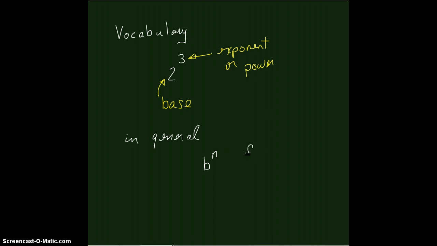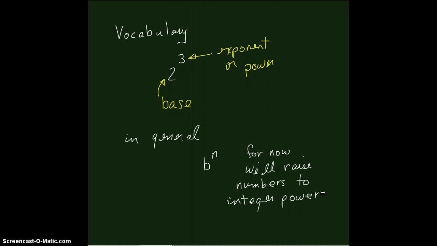For now in this course, we'll raise numbers to integer powers. What's an integer? In fact, we're not even going to take any integer, we're going to say positive integers for now. It's a big for now.